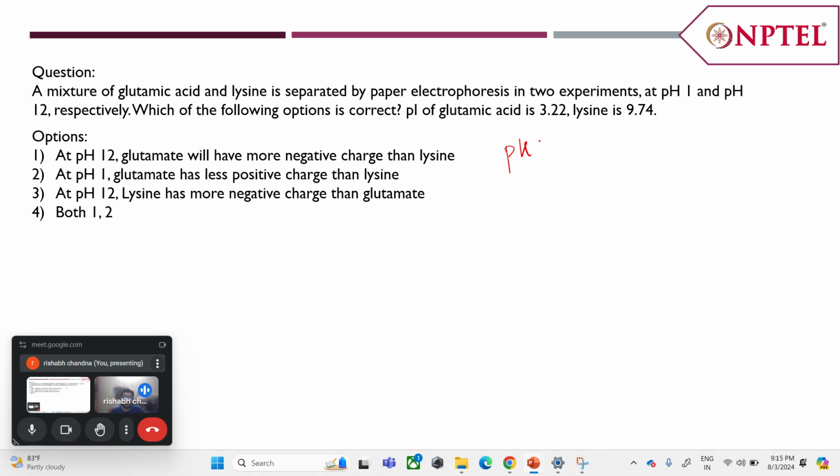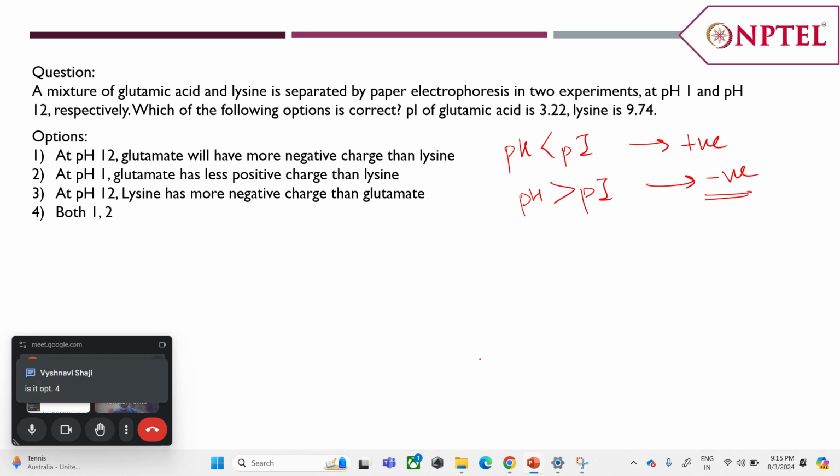So for your reference, when pH is less than pI, the protein is positively charged, and when pH is more than pI, then the protein is negatively charged.